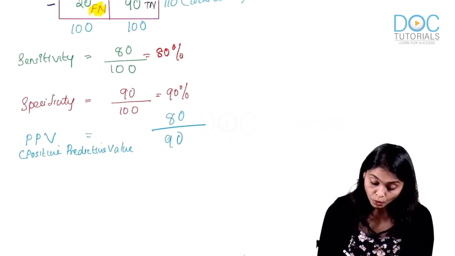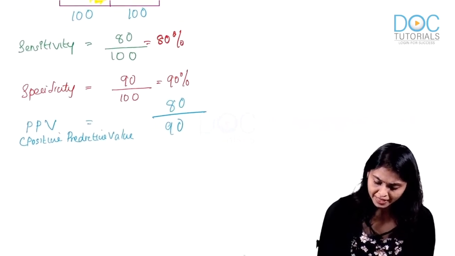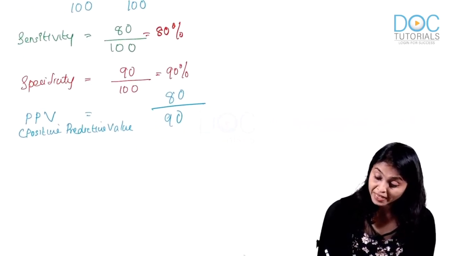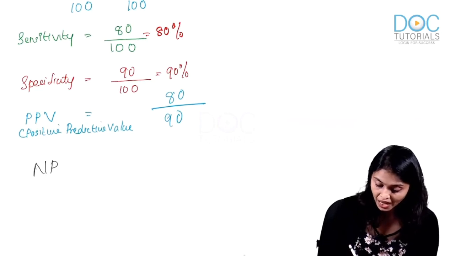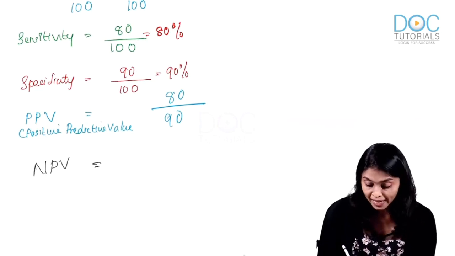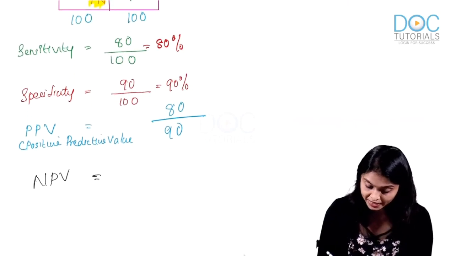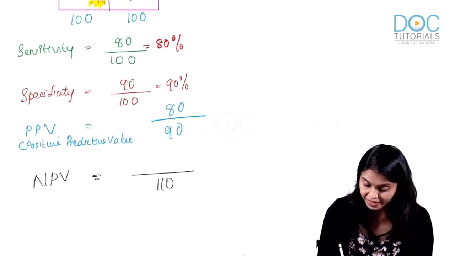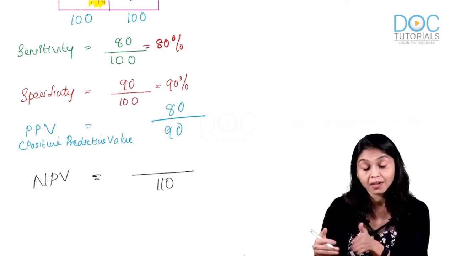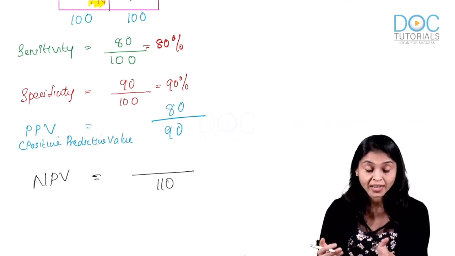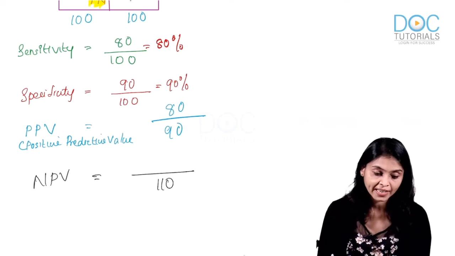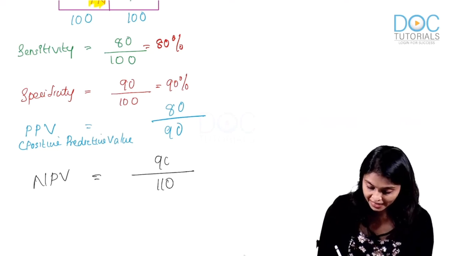And what would be negative predictive value? Now it's very simple. Out of those who were predicted to be negative by the test, how many are actually not having the disease? So while calculating negative predictive value, in the denominator, you put all those who were predicted to be negative by the test, which is 110, divided by. Upon that you write who are actually negatives, who do not have the disease, which is 90, right?